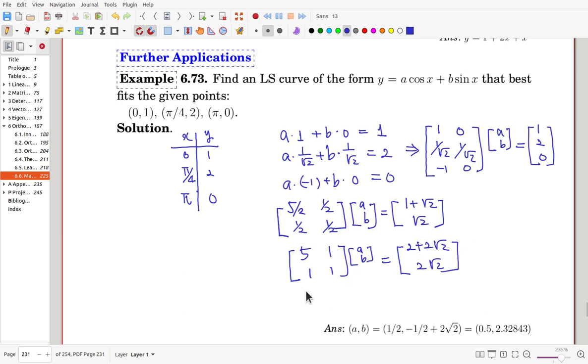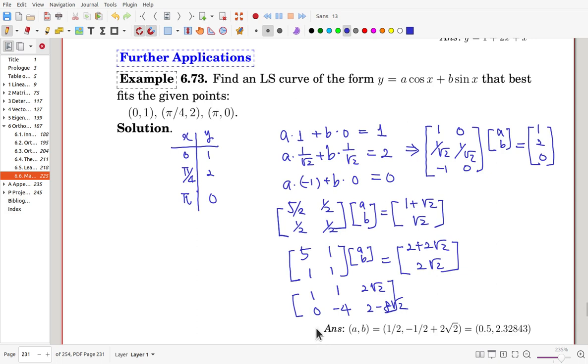Now, with the augmented matrix, we can apply elementary row operations. From here, that is 1, 1, 2 square root of 2, and then subtracting 5 times the row gives 0, minus 4, and 2 minus 10 square root of 2, so that is minus 8 square root of 2.